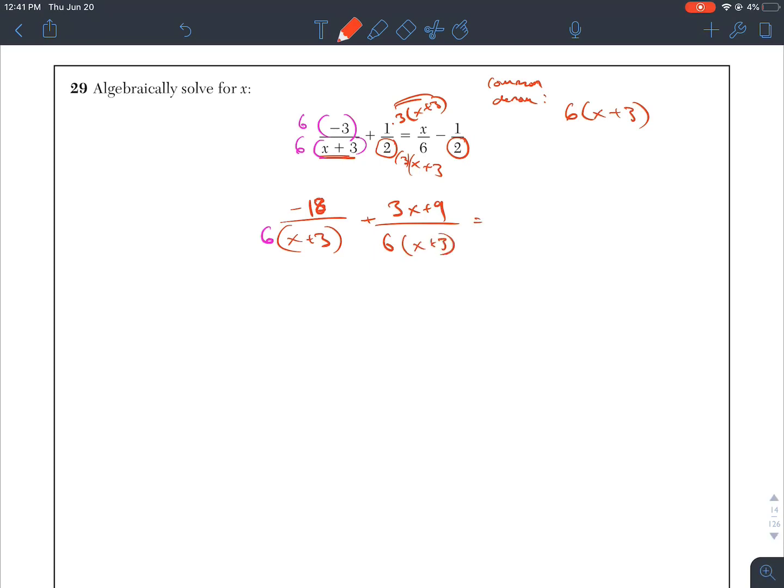This one we have to multiply by x plus 3 on top and bottom to get our 6 times x plus 3 common denominator. This will give us x squared plus 3x. And then over here, we'll have minus, and then this will be times 3x plus 3 times 3x plus 3 to give us 2 times 3, 6, x plus 3 as the denominator.